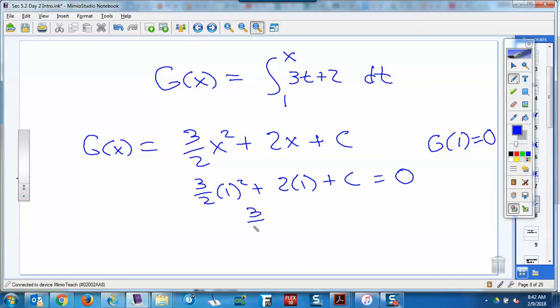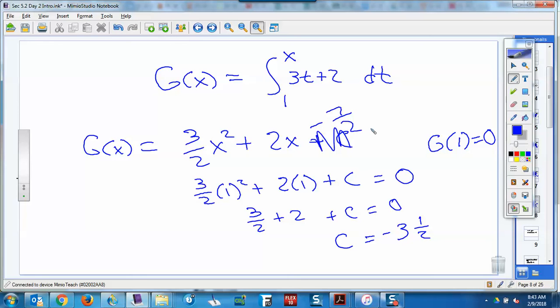So this becomes 3/2 plus 2 plus C equals 0. 3/2 plus 2 is what? 3.5, which is 7/2. So C is -7/2. And that's what we got, using the free initial condition. Anytime you get this area function, you get that right there.